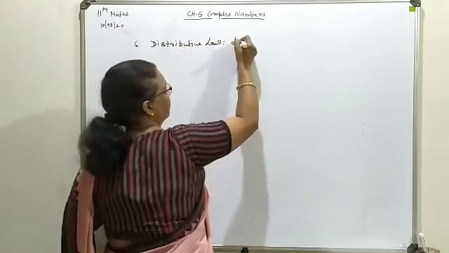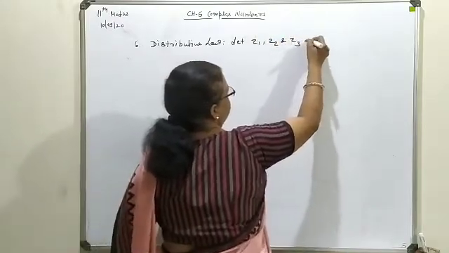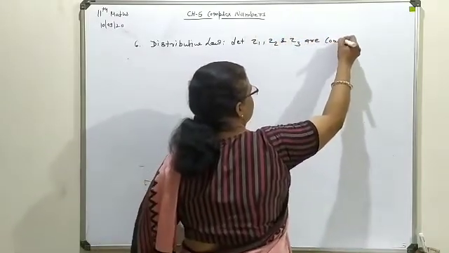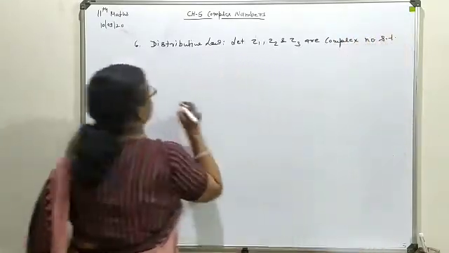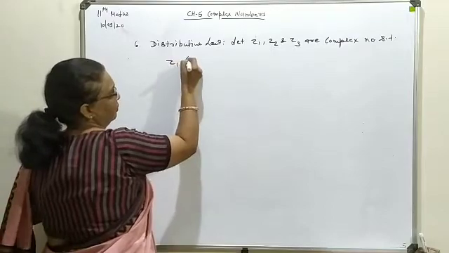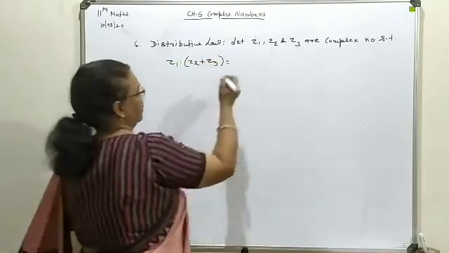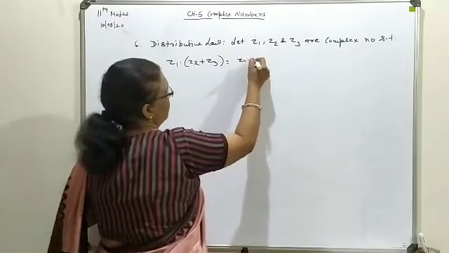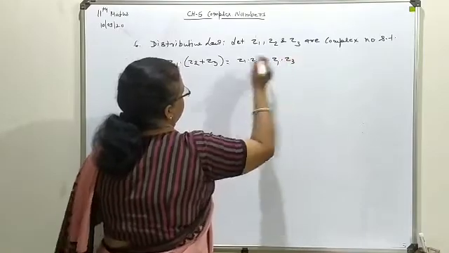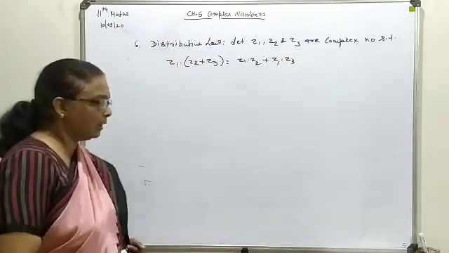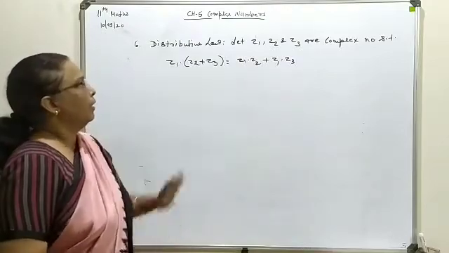Let Z1, Z2 and Z3 be complex numbers such that Z1 into Z2 plus Z3, if you want to write, it can be written as Z1 into Z2 plus Z1 into Z3. So this way you can implement multiplication as well as addition on complex numbers.